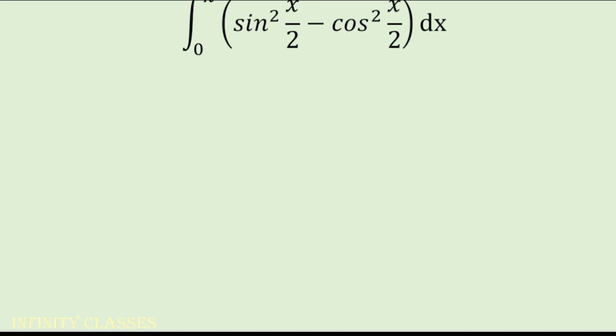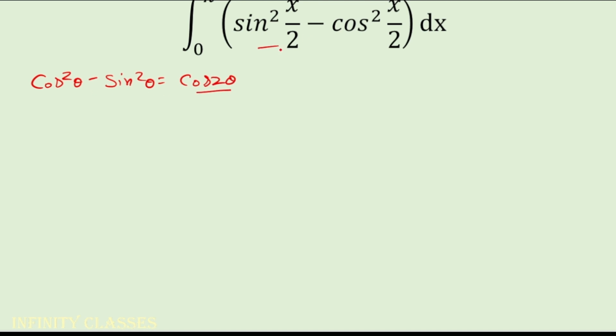In this we will use trigonometric identities. As we know, the trigonometric identity for this, suppose this one is cos square theta minus sin square theta equal to cos 2 theta.